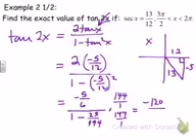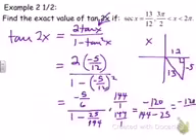And in the bottom we'll have 144 minus 25. Just have to remember to distribute. And that gives us negative 120 over 119, which will not simplify. Negative 120 over 119. Good enough?